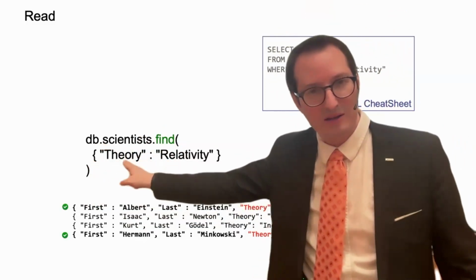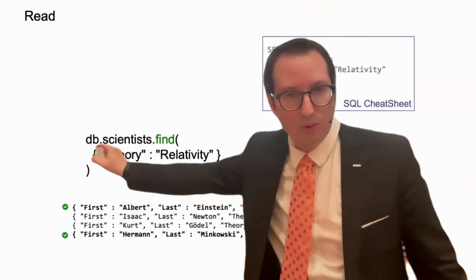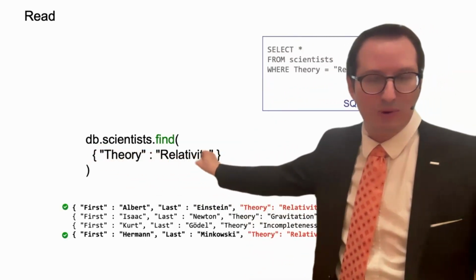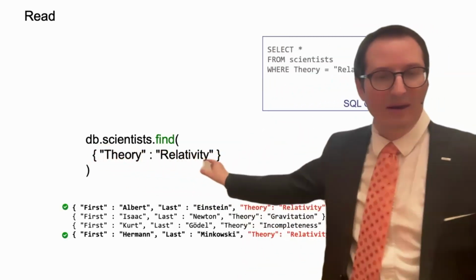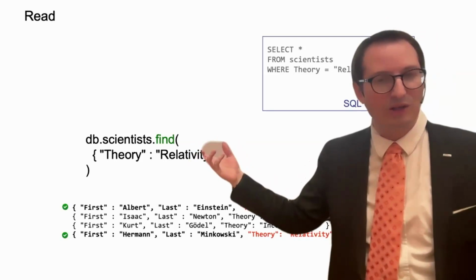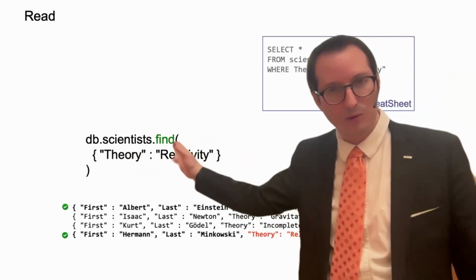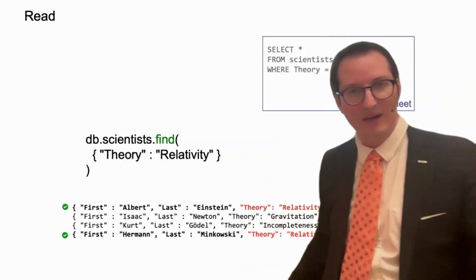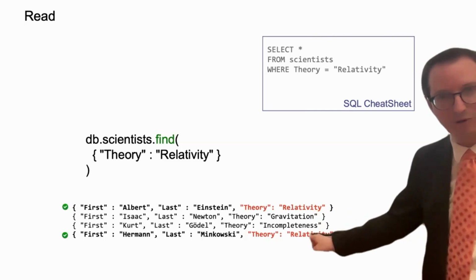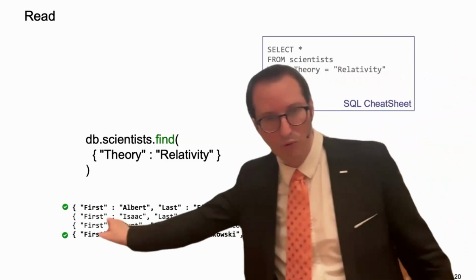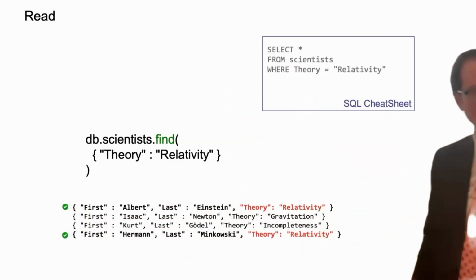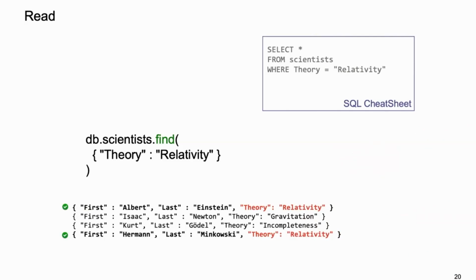We have an object that says theory is relativity. And the way that these predicate objects look is very close to the original document. It's very visual, right? So you're looking for the cases where theory is relativity. That's going to give you this document and this document, but not the two in the middle. So the first and fourth documents. All right, who is with me? Very good. So this is a selection.